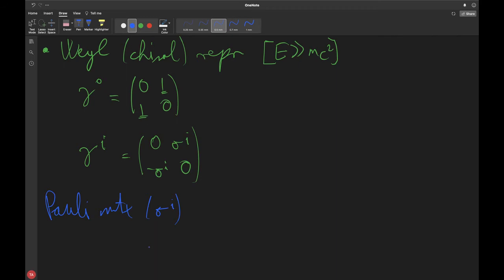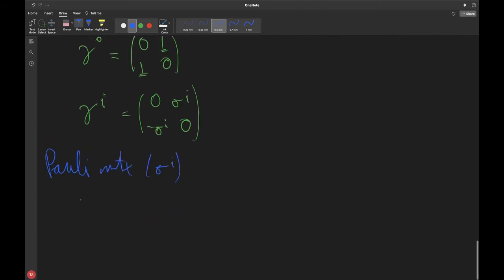So those are defined: sigma 1 is the same as 0, 1, 1, 0. Sigma 2 is the same as 0, minus i, i, 0.